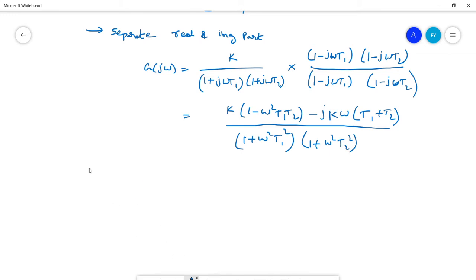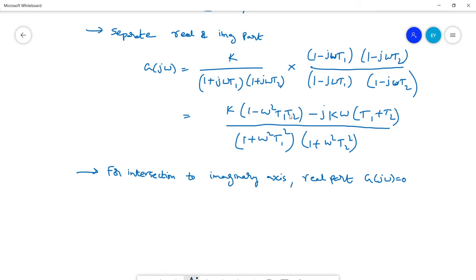So from this expression, we equate the real part to 0. Check what the real part is here. These terms are all real parts, right?